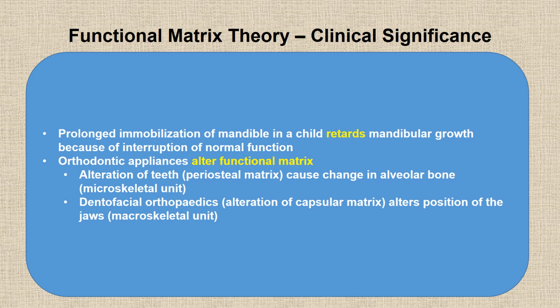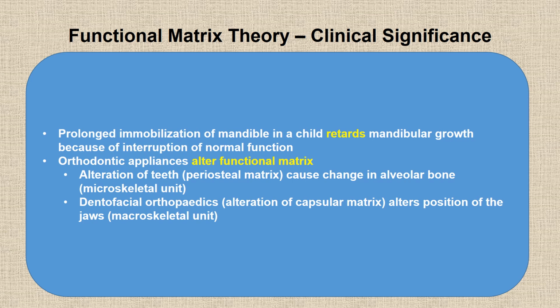Now, what's the clinical significance of this functional matrix theory? Now, prolonged immobilization of the mandible in a child retards mandibular growth because of the interruption of normal function. Orthodontic appliances alter the functional matrix.